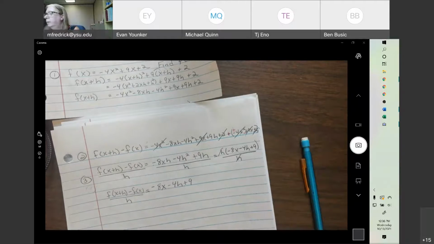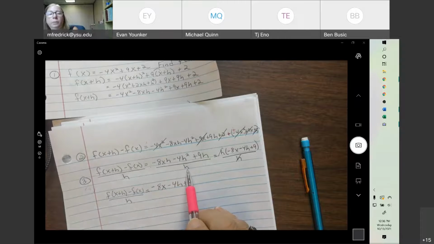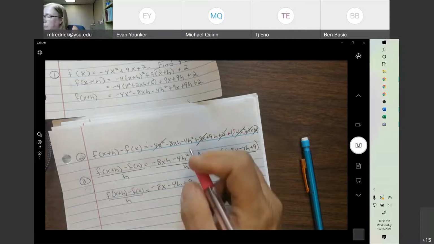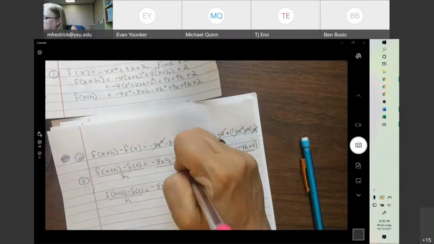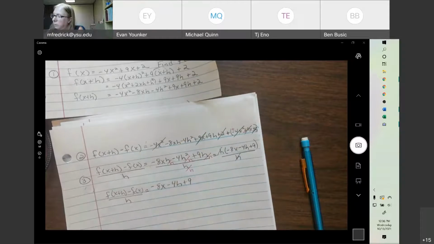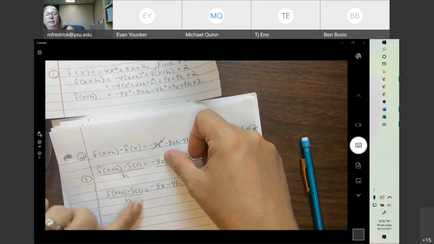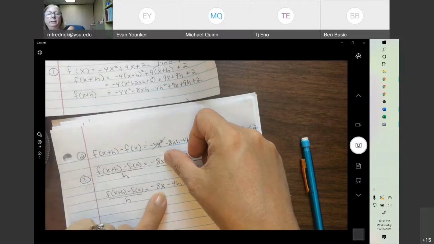Another way to do it, in this fraction, there's 4 terms. 1, 2, 3, 4. They all have an h. So I can divide an h out of each one. These two h's cancel and leave the negative 8x.